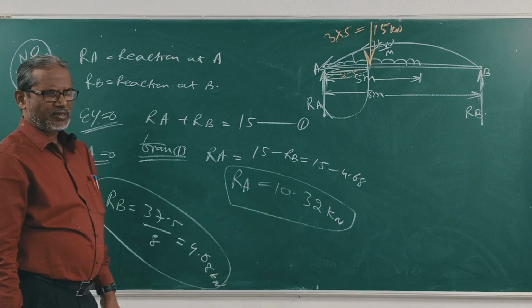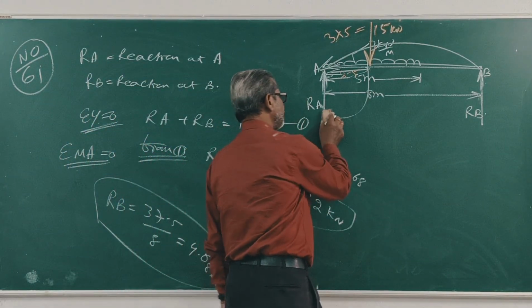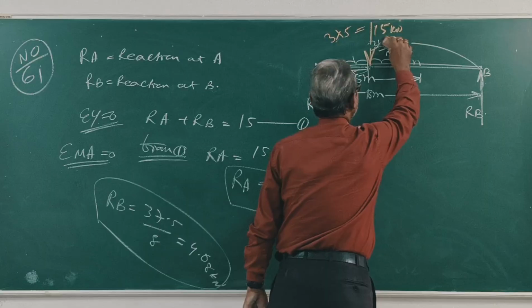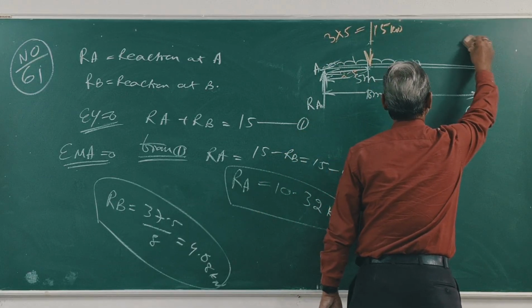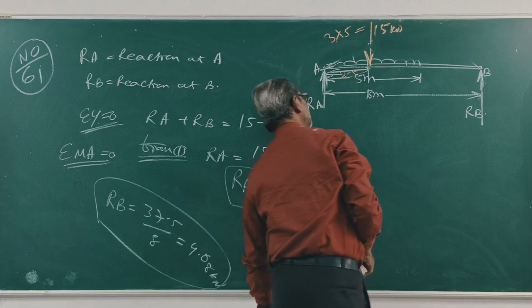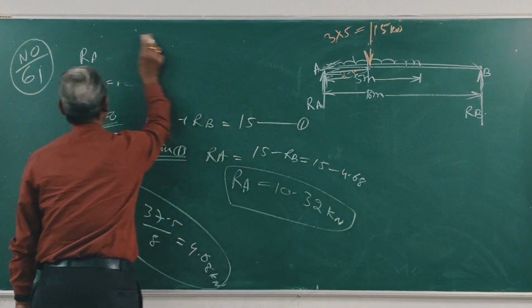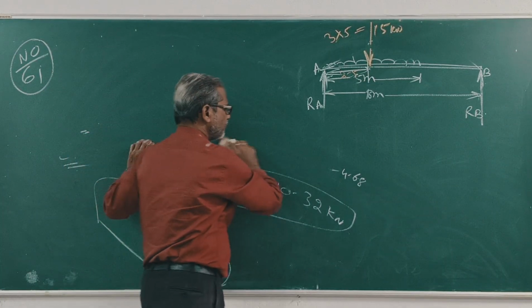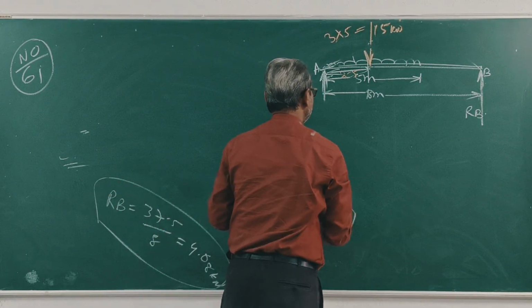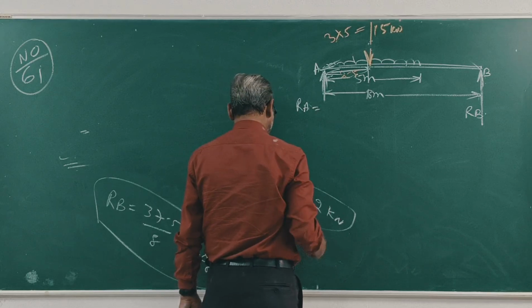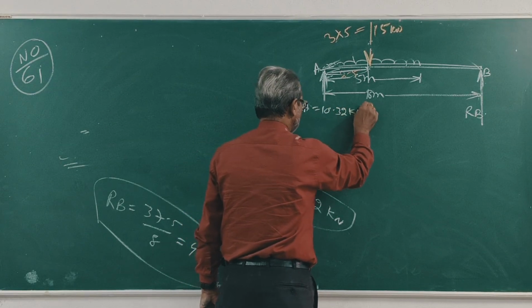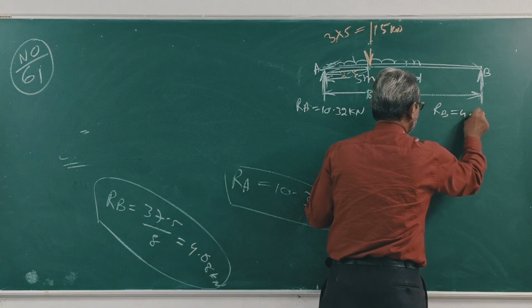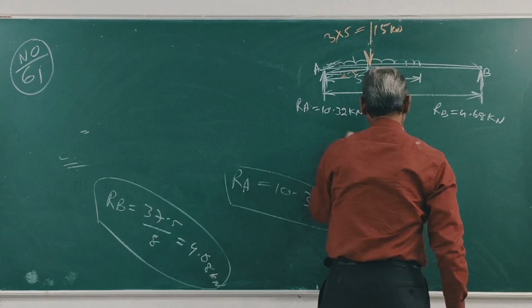Now make the shear force calculation. RA is equal to 10.32 kilonewton, RB is equal to 4.68. Clear?